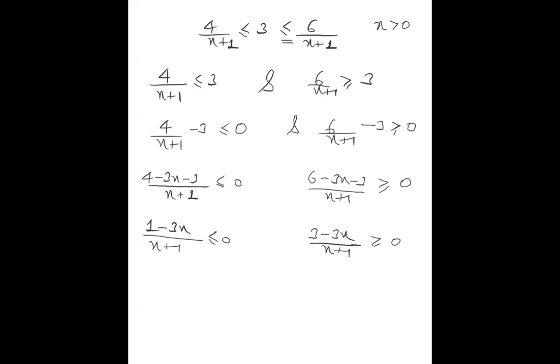Then this is less than 0 now. Less than equal to 0. That means one is positive and the other one, you cannot write equal to 0. You can just write less than 0. And then you have to solve here all these things.